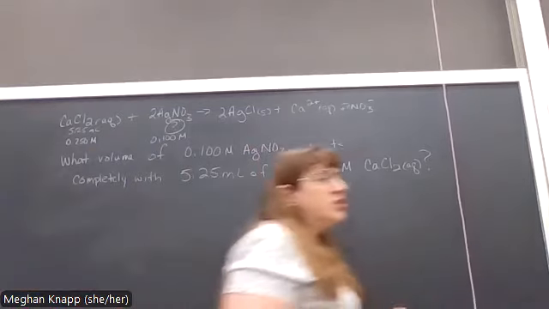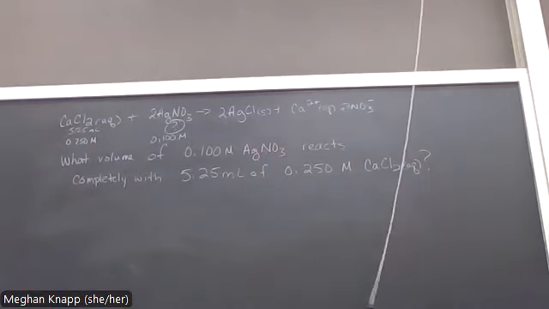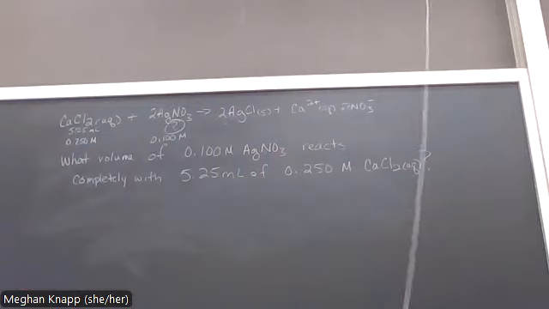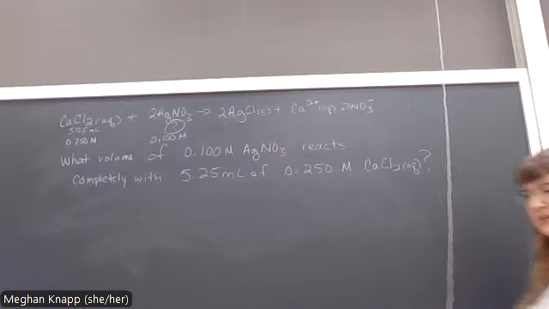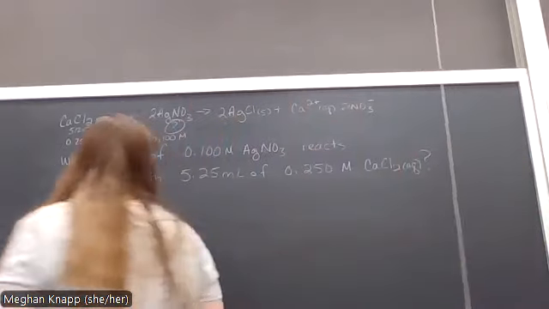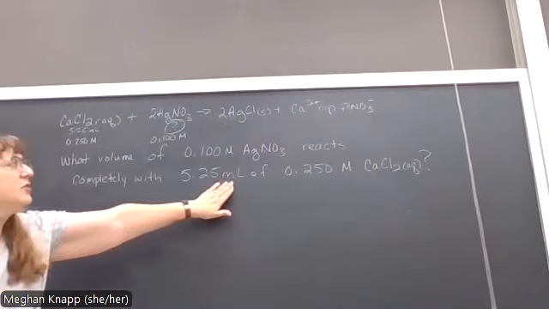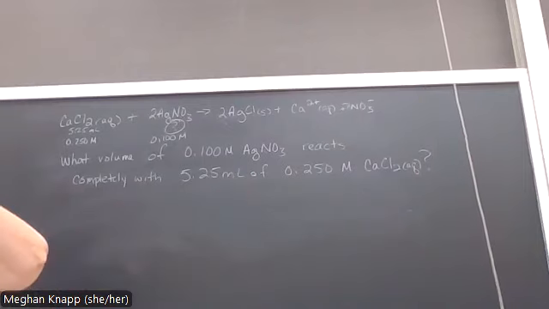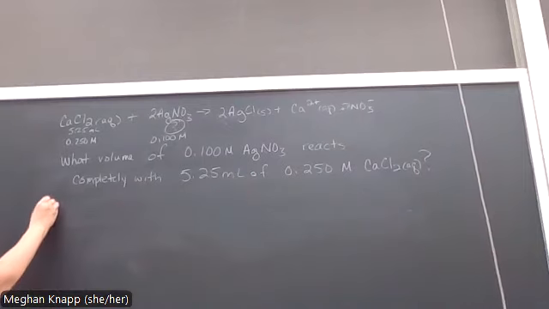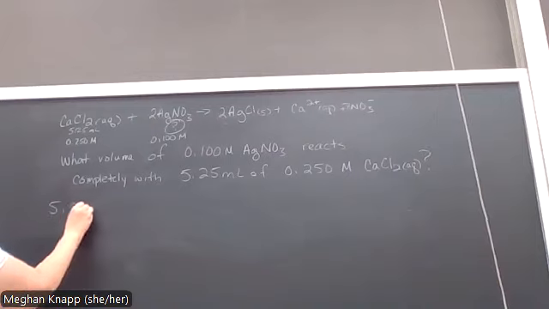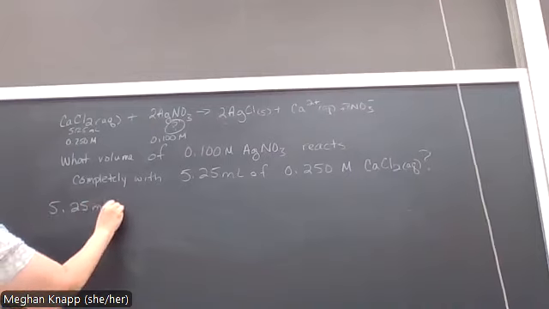So always start the same way with solution stoichiometry. The slider A only has one position for solutions. So that says I take my volume in milliliters, and I always recommend starting with a thing that only has one unit. So milliliters is 1 unit, molarity is 2. It's moles and liters. So I'm going to start with milliliters, 5.25 milliliters.